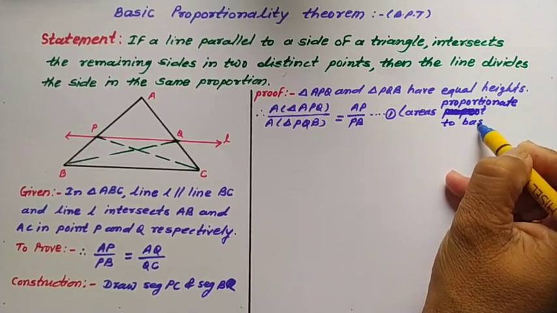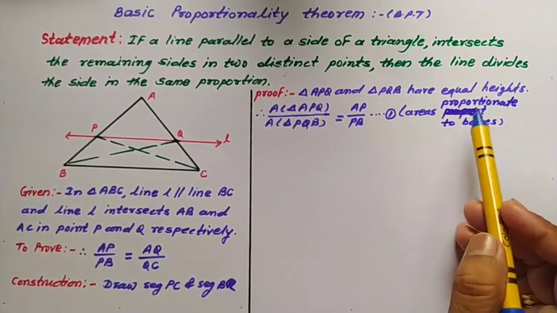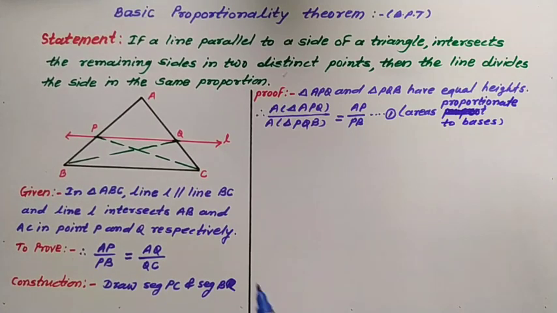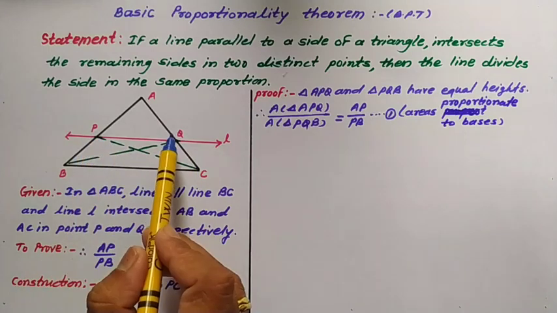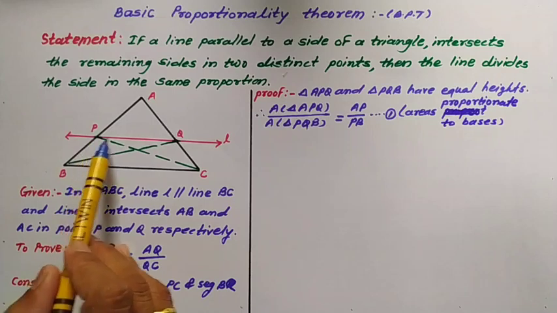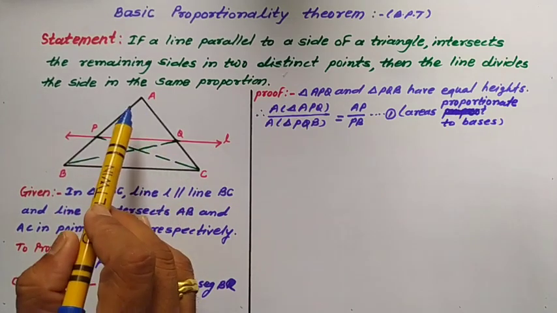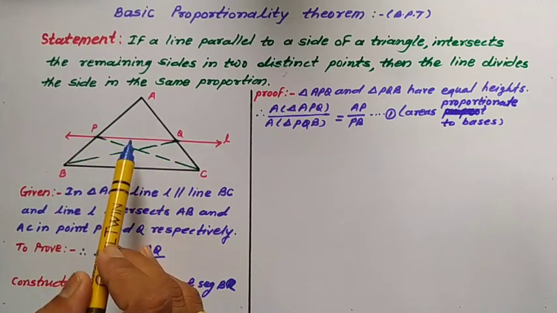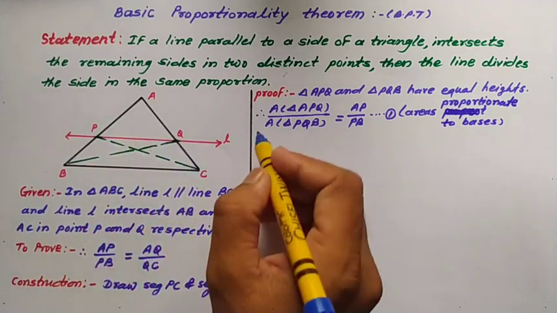Areas are proportional to bases. Then take the second two triangles, triangle APQ and triangle PQC. Here Q is a common vertex of these two triangles, therefore the triangles have equal heights. Therefore the areas of the two triangles are proportional to their bases.